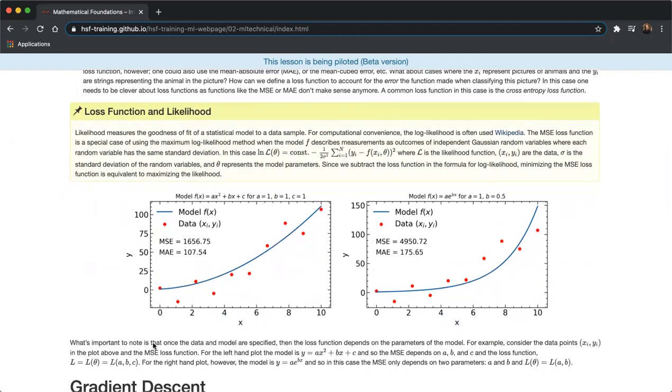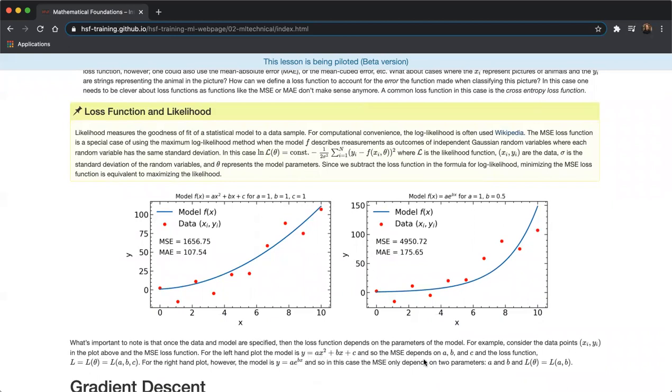It's important to note that once the data and model are specified, then the loss function depends on the parameters of the model. For example, for the data points in the plot above and the MSE loss function, for the left-hand plot, the model is y equals ax squared plus bx plus c.